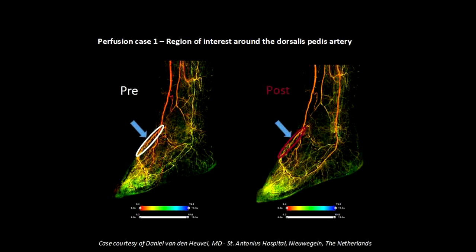Let's take a look at the first two pictures. On the left, you have before the treatment, and on the right, you have after the treatment. And here you see a region of interest that is drawn around the vessel that wasn't treated. You can put this region of interest anywhere you like, or you can use a shape that you like, but this one particularly is on this artery. And then 2D perfusion makes a time density curve for these two regions of interest.